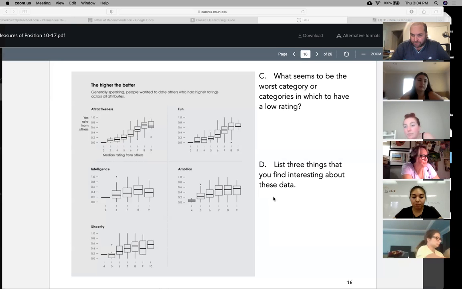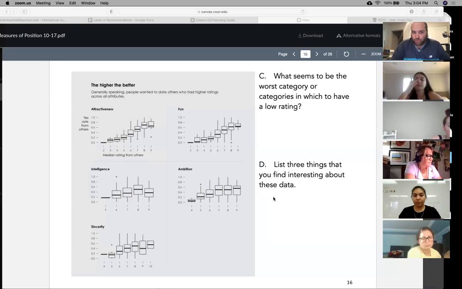So every 2 people rated fun at 0. Am I reading that right? No, what it means is the following. If there was a person whose median rating on fun was a 2, the data shows that nobody wanted to go out with them.